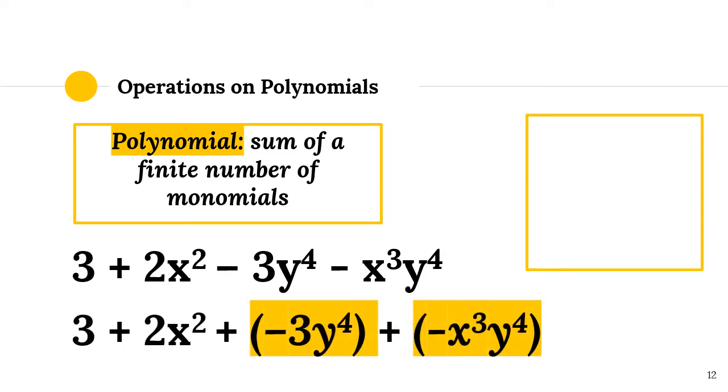If we're going to add all of the terms instead of subtracting the third and the fourth terms, we have 3 plus 2x squared plus negative 3y to the fourth plus negative x cubed y to the fourth. The minus becomes the sign of the third and fourth monomials. So notice how easily we can convert a polynomial with subtraction in it into an expression with purely addition in it.